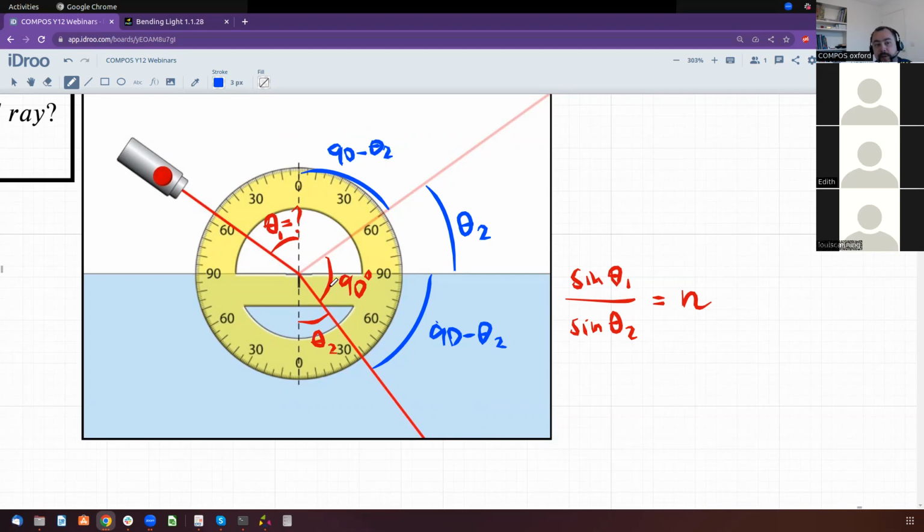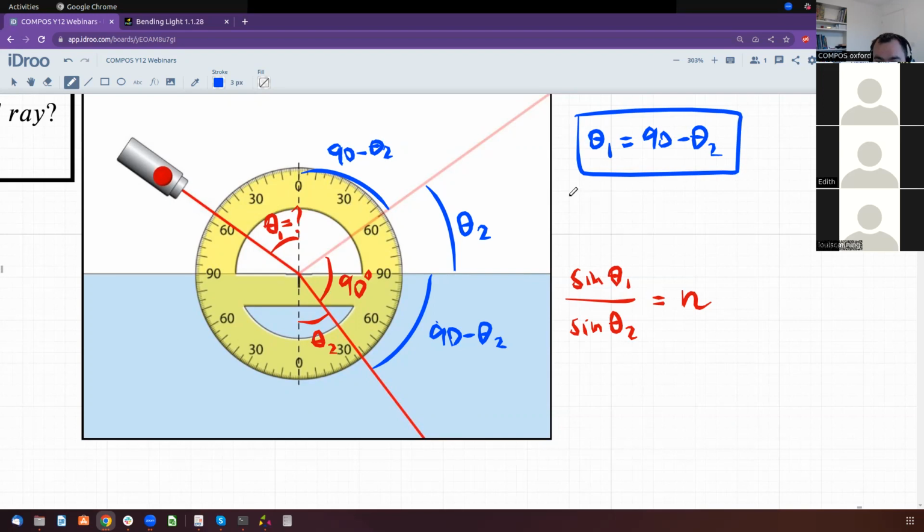Okay. But we know from the law of reflection that theta 1 has to equal 90 minus theta 2, because the angle of incidence has to equal the angle of reflection. So these have to be equal.